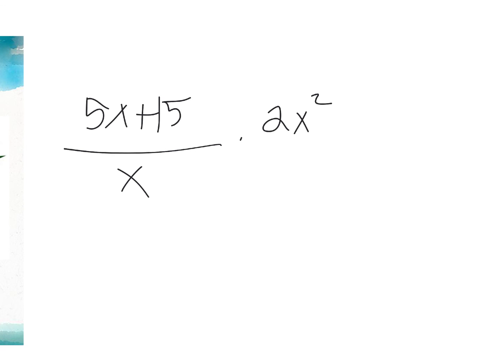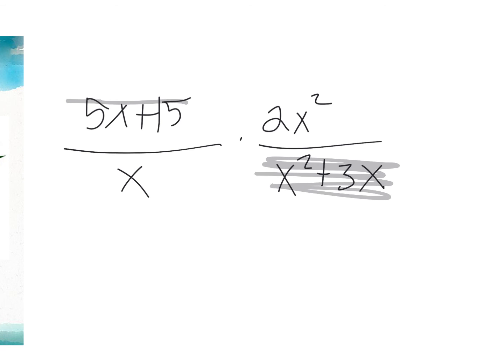First question says 5x plus 15 over x, times 2x squared over x squared plus 3x. Right away, I'm thinking, I bet that factors. And I think to myself, I bet that factors. Honestly, I haven't factored it in my head yet, but I bet they factor.